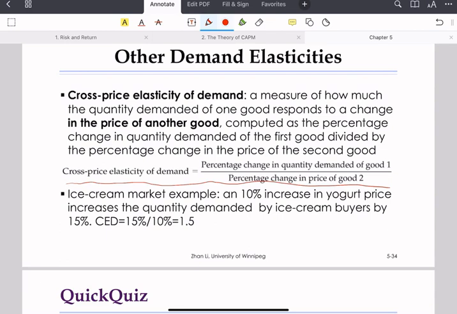Here we have a positive cross-price elasticity because yogurt and ice cream are substitutes. On the contrary, if we have complements, then their cross-price elasticity of demand should be negative. Again, this is different from the pure price elasticity. For cross-price elasticity, you have to pay attention to the sign, because the sign tells us whether we are dealing with complements or substitutes.